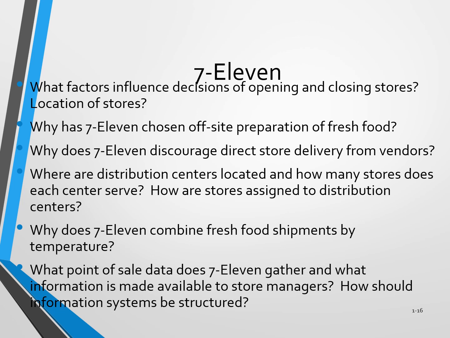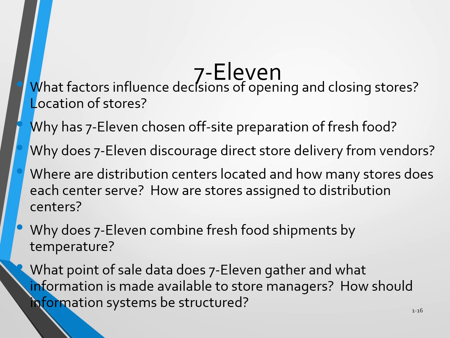Where are distribution centers located and how many stores does each center serve? How are stores assigned to distribution centers? Why does 7-Eleven combine fresh food shipments by temperature? What point of sale data does 7-Eleven gather and what information is made available to store managers?